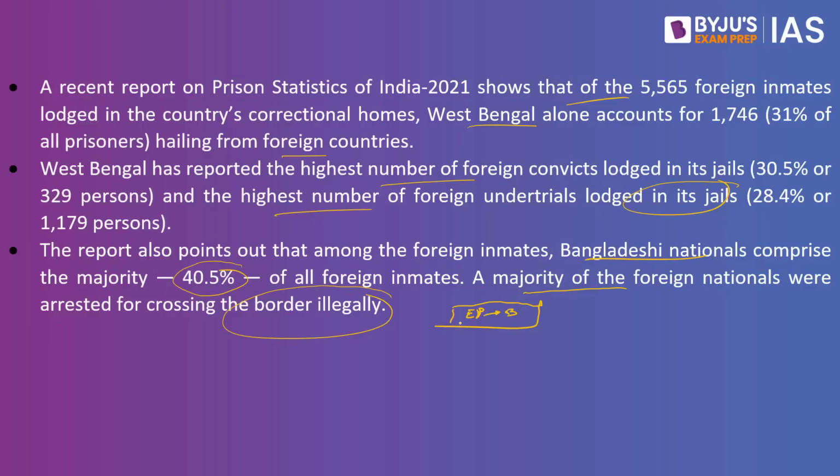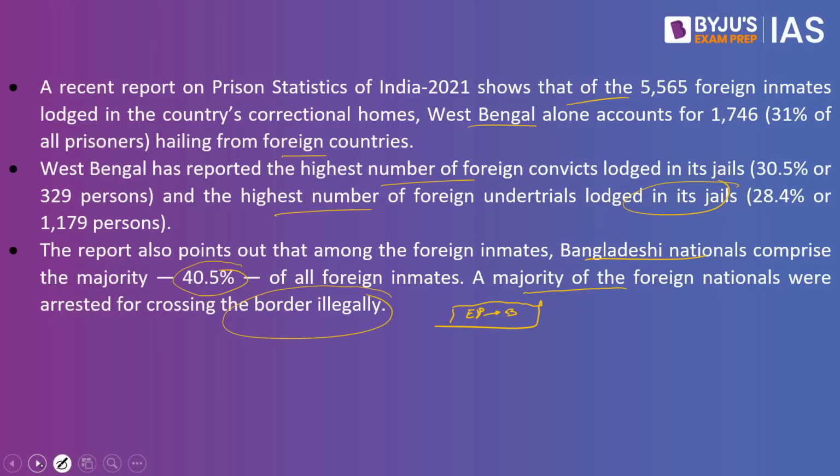Why? That is because of the hostile conditions existing in Bangladesh. Back then in East Pakistan, there were severe cases of persecution and intolerance as well. And the major reason happens to be adverse economic conditions. As a result, for the people in Bangladesh, India happens to be one of the places where they can actually move in easily.